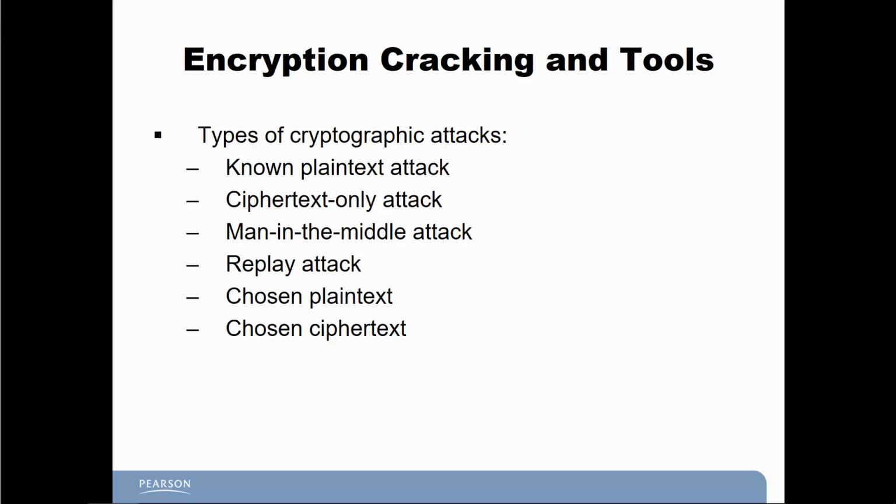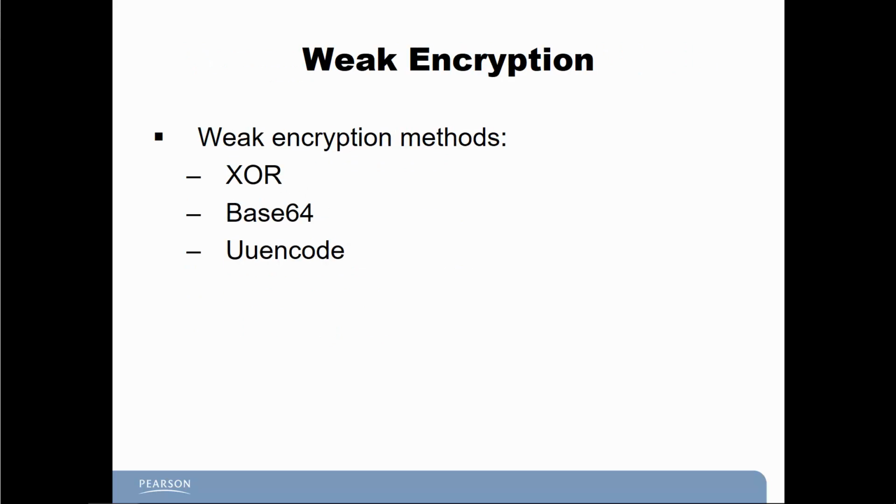The newer forms of encryption make it harder, but not impossible to decipher or decrypt the data. The weak encryption could be things that use XOR, base64, or Unicode. These are all older encryption technologies that have been shown to be very weak, to be able to bypass encryption very fast.